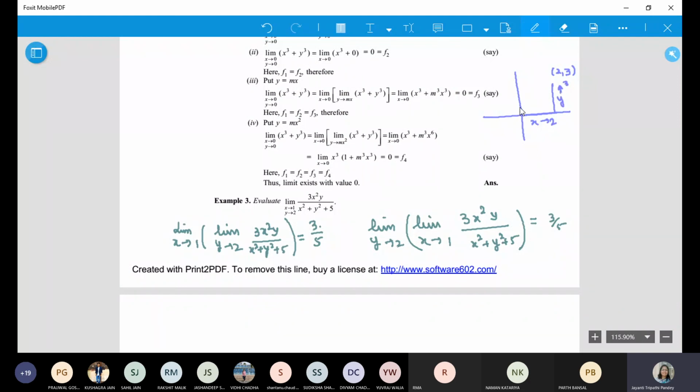Now when you move in the reverse direction, you take y first and then x. So there are only 2 ways of reaching 2, 3 when both the limits tend towards a specific value. That's why we take this side and then this side, and check that they should be equal. When you are coming to 0, 0, it is different. All right?